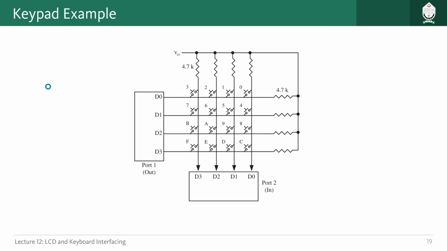So let us try to understand what it does. Let's say if I have commands like this, ANL, A comma, then we have a value like this.